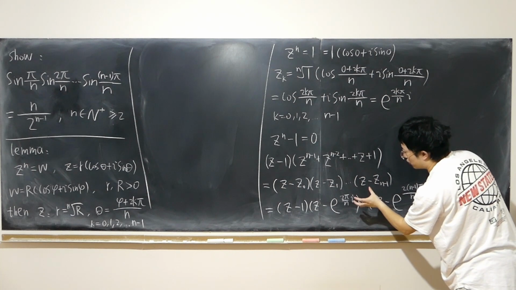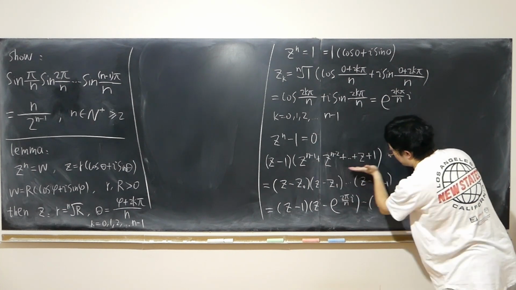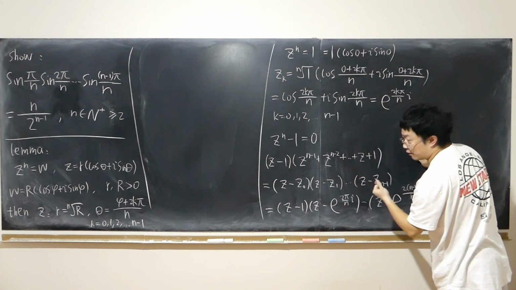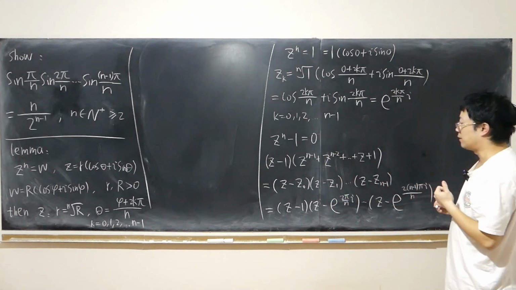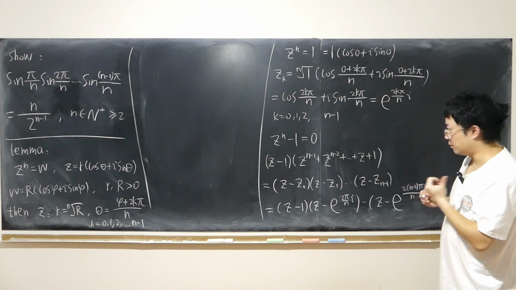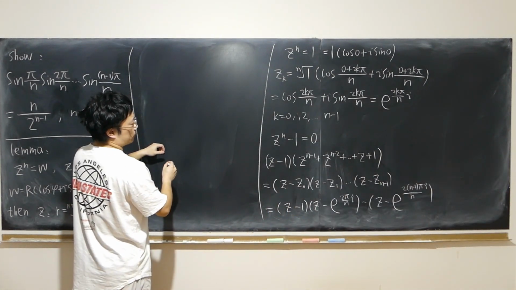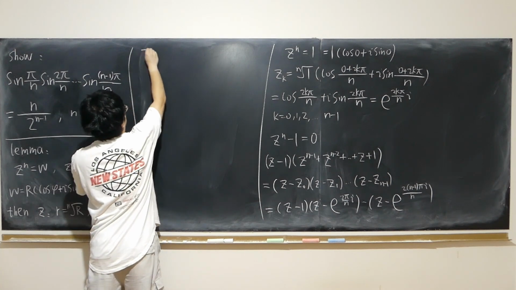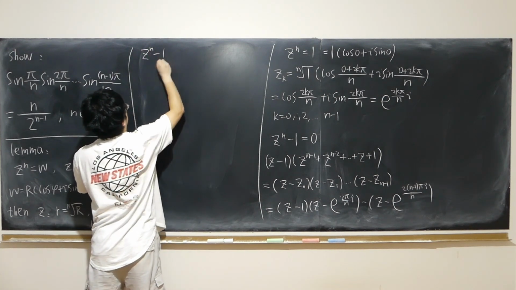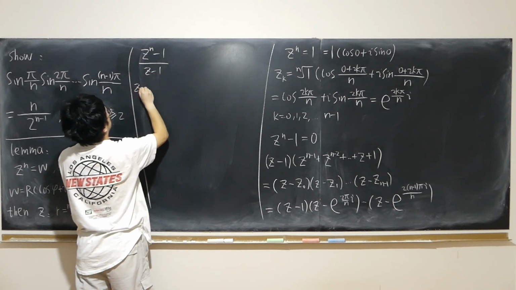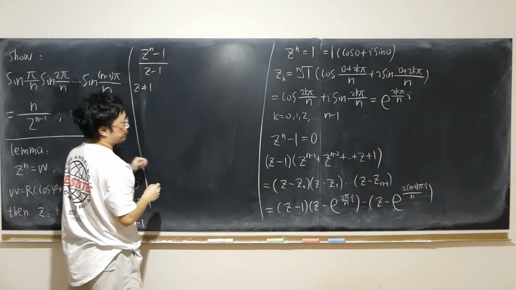But I want to make sure that they are also equal to each other even when z is equal to 1. Can we straight away draw this conclusion? If we want to be more rigorous, maybe I can say this. Instead of drawing the conclusion straight away, I rewrite (z to the n minus 1) over (z minus 1), where z does not equal 1.